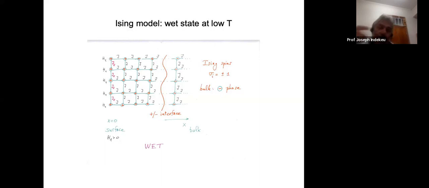You see? So this is a big trick. We can get the ingredients for the Young-Laplace equation from calculations in which there is only a one-directional inhomogeneity. We don't need to calculate these free energies in a configuration with a contact line.